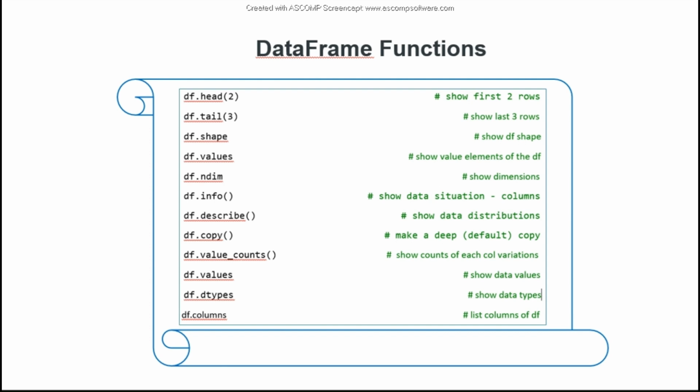For example, to list the top 2 rows, we can write df.head and parentheses number 2. And if you want to show the shape of the table, you could type df.shape, right? This is all the functions we listed here for our practice.